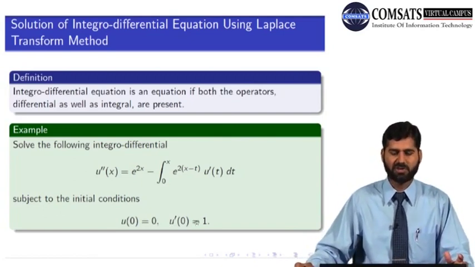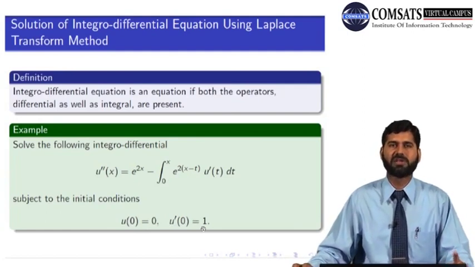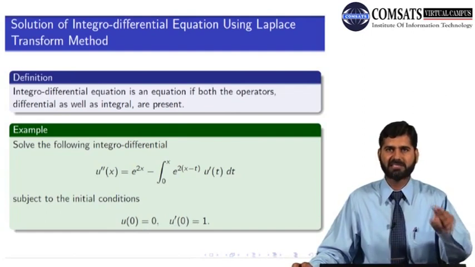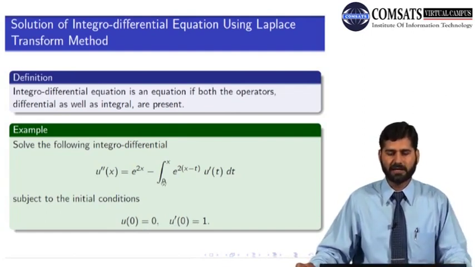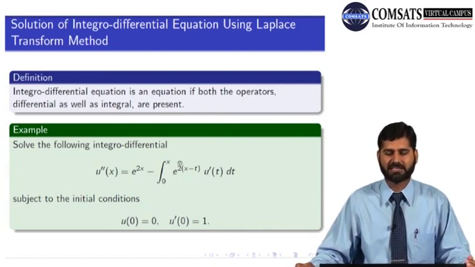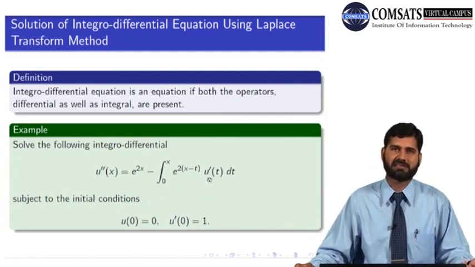Again, here u(0) is 0, but u prime(0) is 1. So you will get two terms on the left-hand side, s square u bar minus 1, equal to the Laplace transform of e^(2x), which is 1 over s minus 2, and here it will become 1 over s minus 2 times the Laplace transform of u, which is s u bar of s.